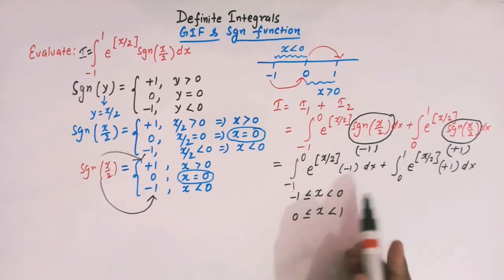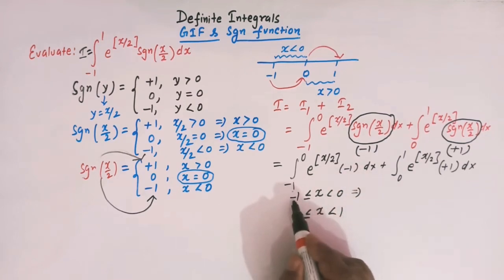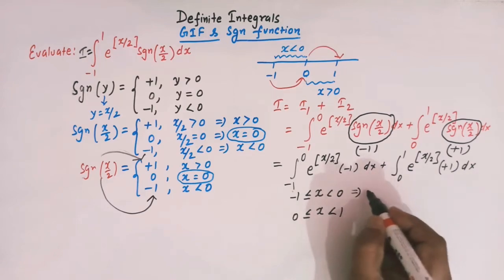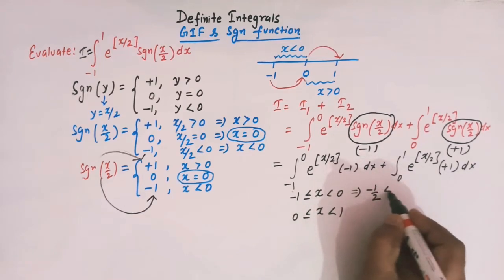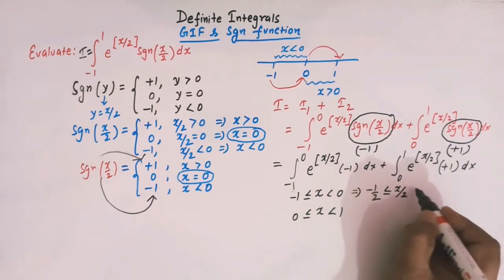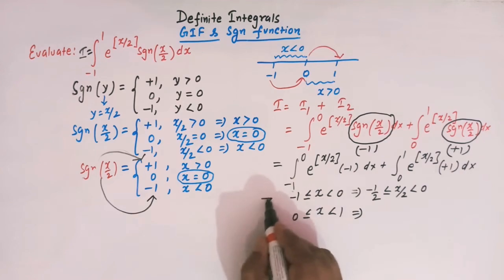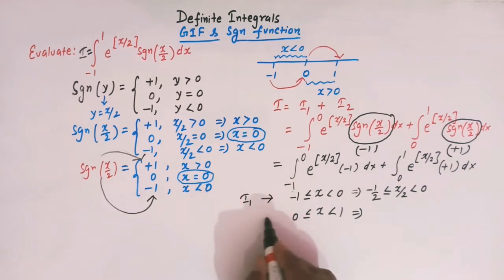So what we will do, we'll divide this inequality throughout by 2. So we'll have minus half, and this is x over 2, and this is 0 over 2, that is 0, right? And similarly this is for the first integral, and this is for the second integral, right?